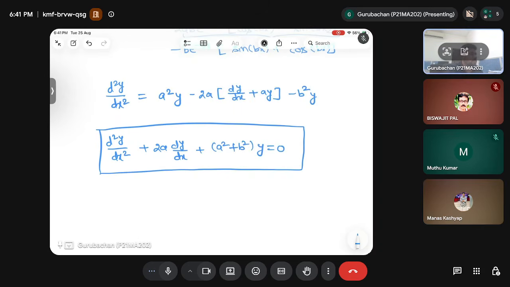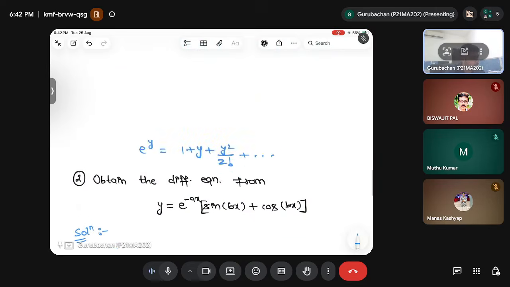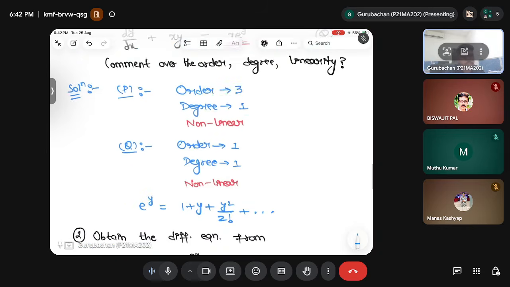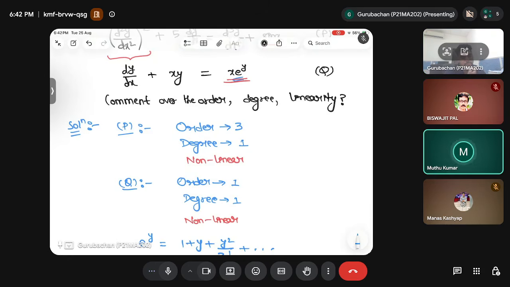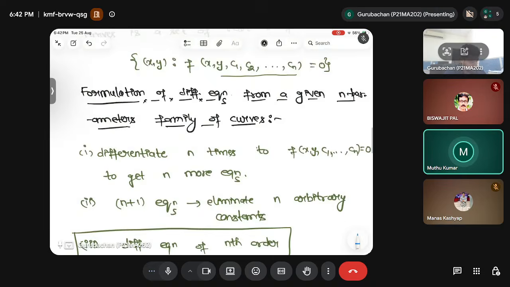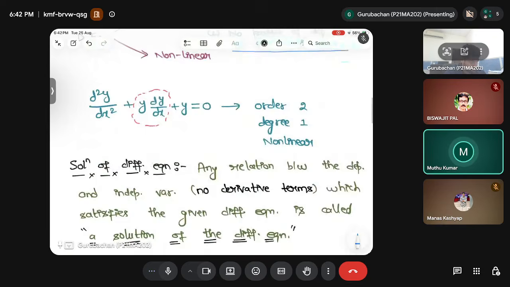Now let me come to that non-linearity concept someone is asking. So what is your doubt exactly? Can you tell us so that we can precisely discuss that point? Because the product of the dependent variable and its derivative should not appear.